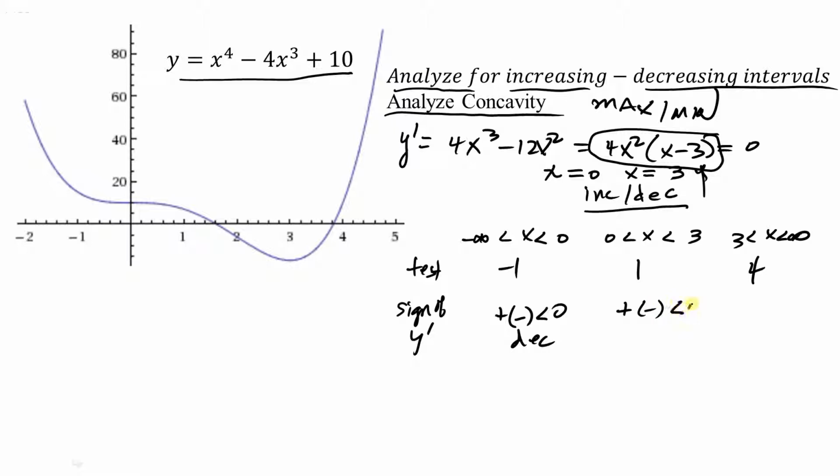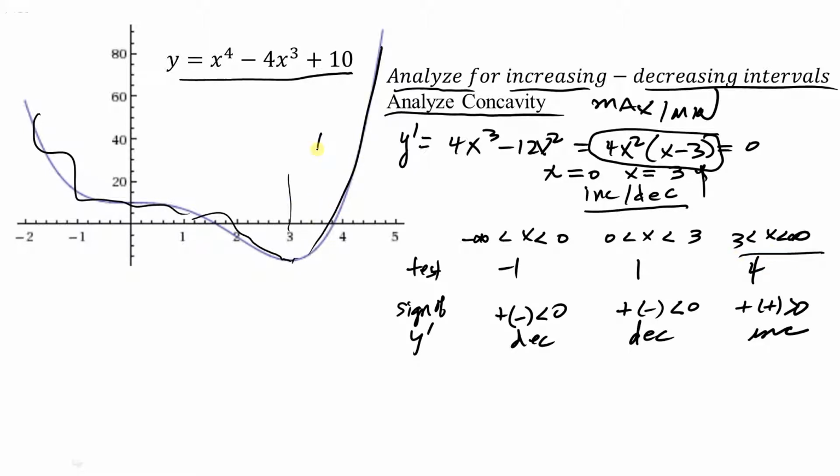It's still less than 0, so that is still a decreasing function. And then we plug in 4, and we get a plus and a plus, which is more than 0, so it should be increasing. And sure enough, we should be decreasing all the way to 3. Notice the function is decreasing all the way to 3, and then from 3 on, it is increasing.